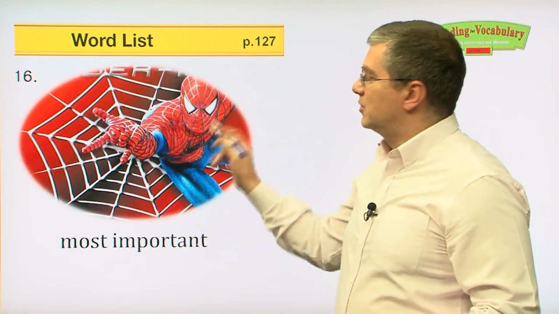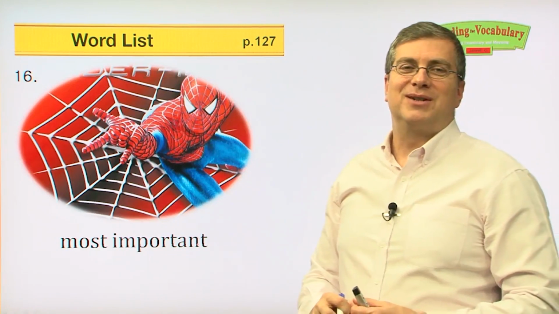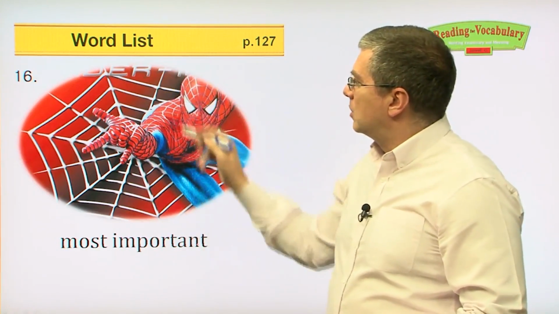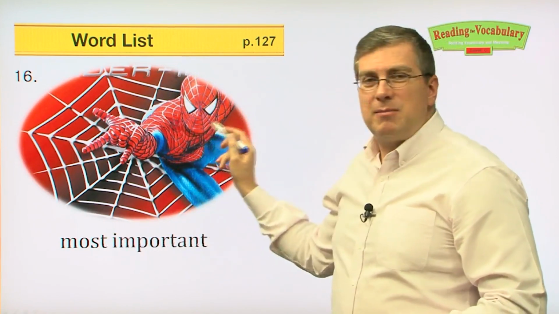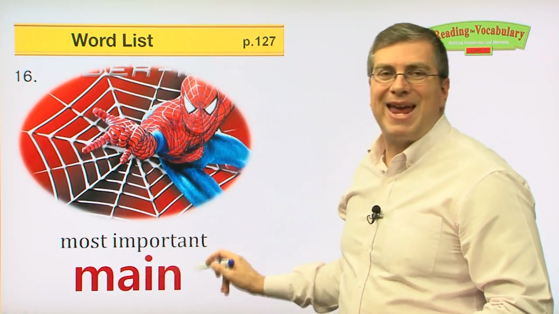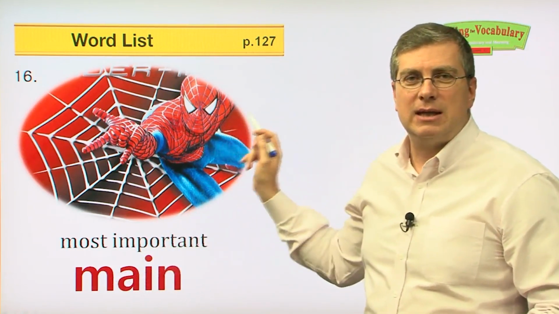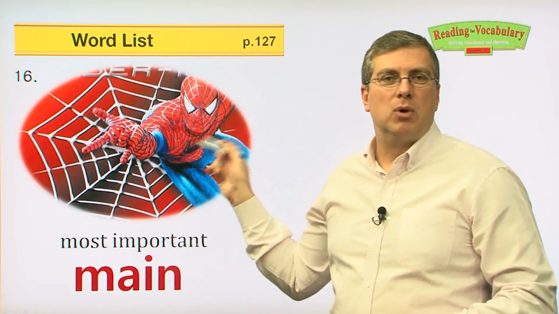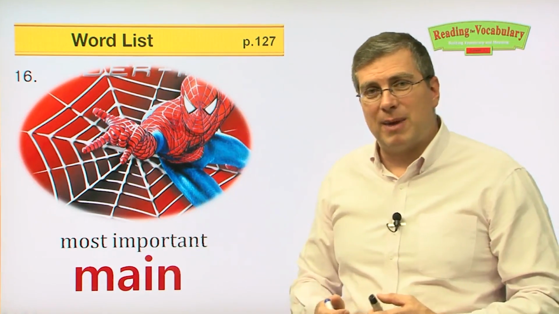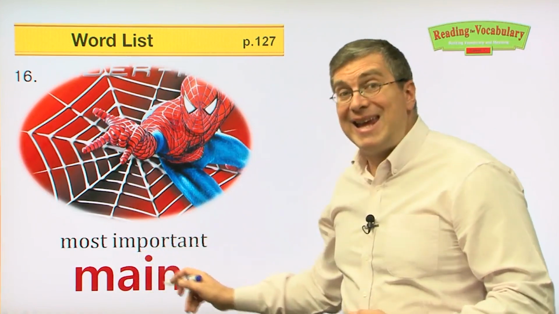And the last word here is your favorite superhero, Spider-Man. Of course, the movie Spider-Man and the book Spider-Man, he is the most important character in the book. He is the main character in the story or the book or the movie. Imagine if you go to see the movie about Spider-Man, Spider-Man is the main character.